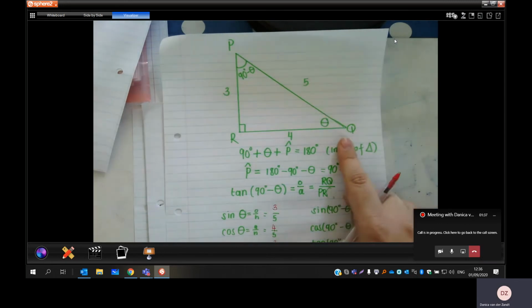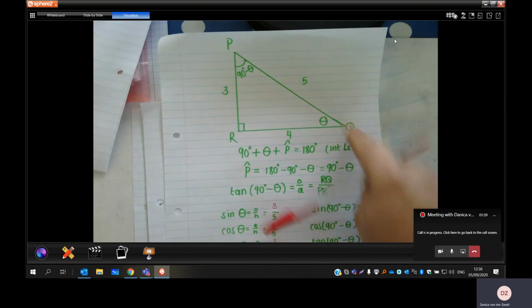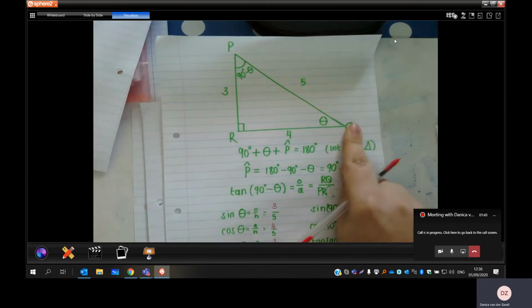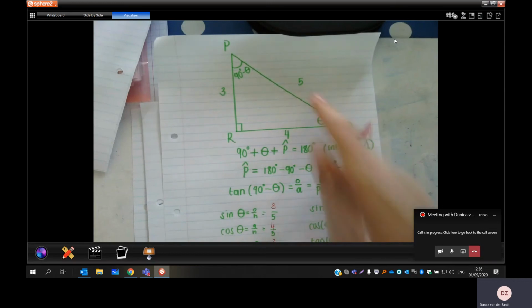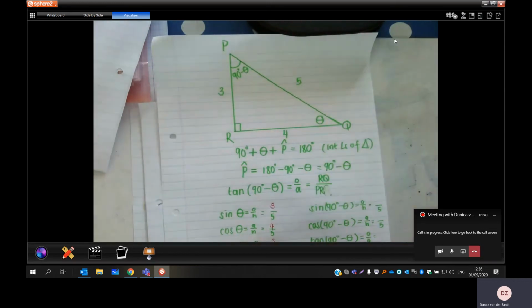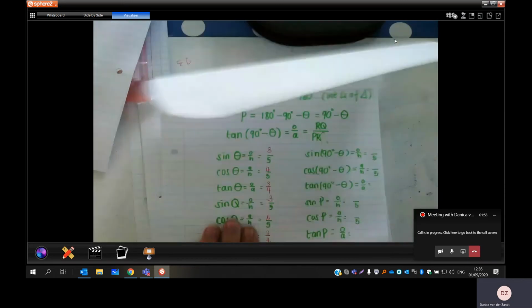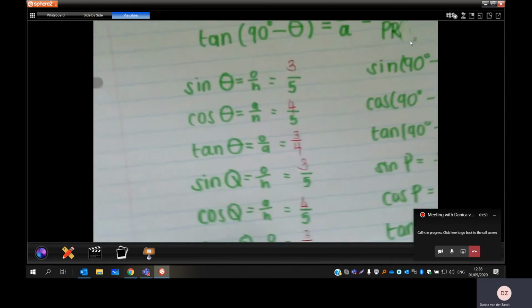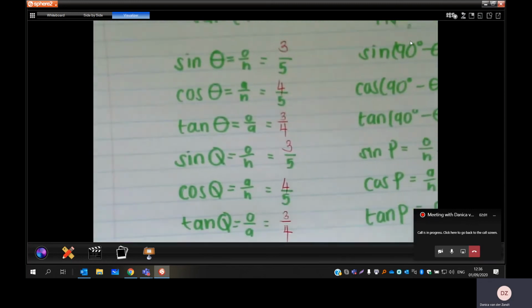Then sine of q is still opposite over hypotenuse, cos would still be adjacent over hypotenuse, and tan would still be opposite over adjacent. So theta and q were actually the same reference angle and therefore have to be the same answers.